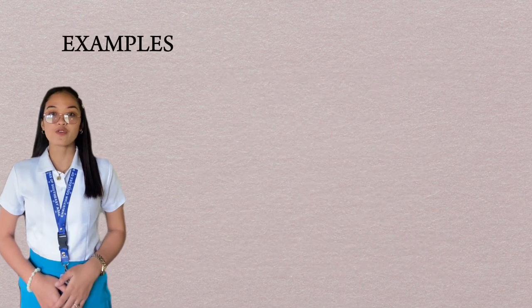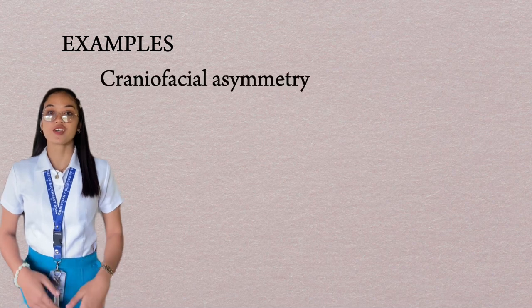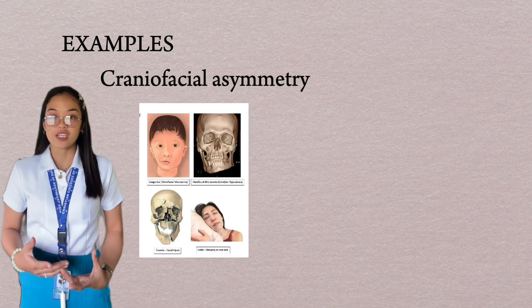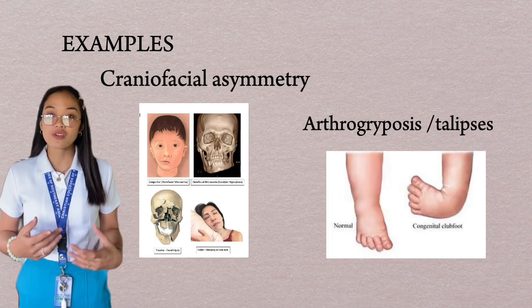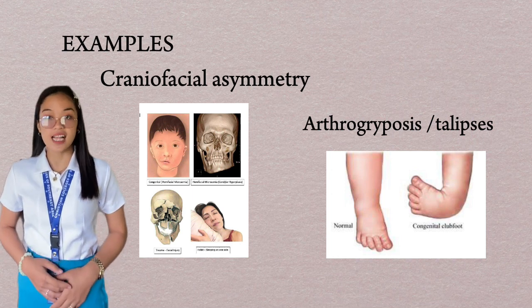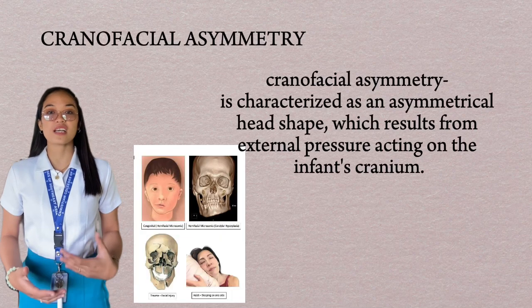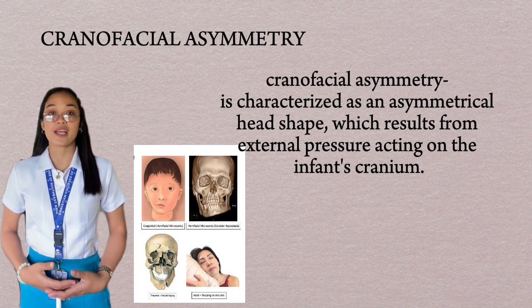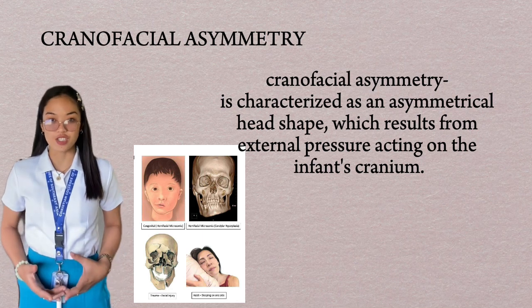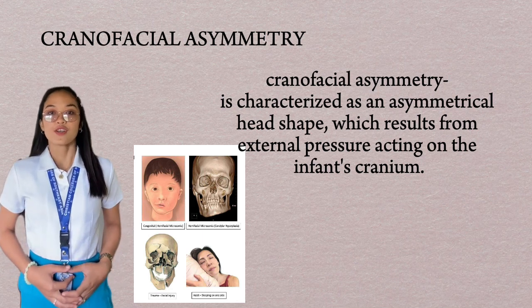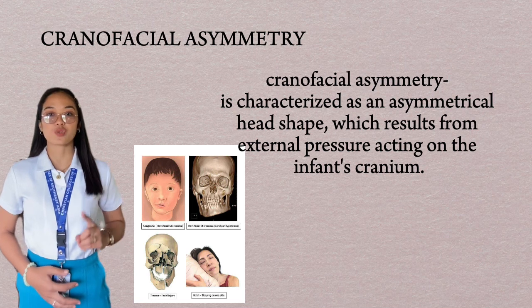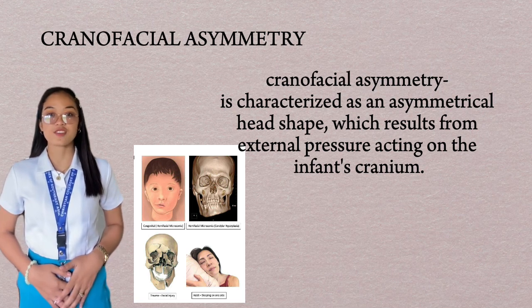Examples of deformation are craniofacial asymmetry, arthrogryposis, and talipes. Craniofacial asymmetry is characterized by an asymmetrical head shape, which results from external pressure acting on the infant's cranium.